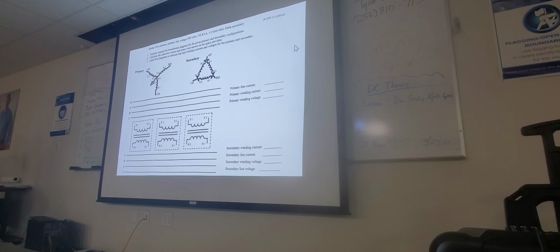Hey, Skip, is there any difference between X1 and X2? Like, if it's a Y, which one connects to the others? X2 is always going to connect together. Your X1 is going to be where you tie your two.